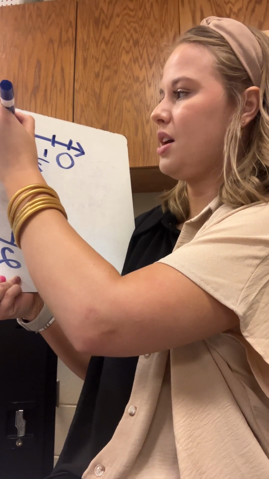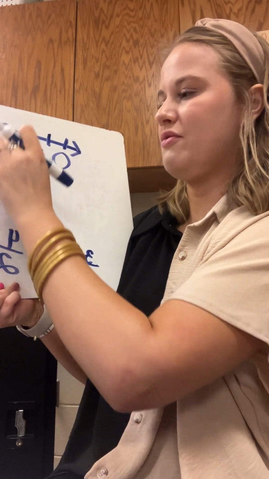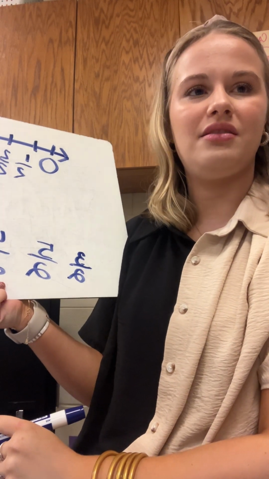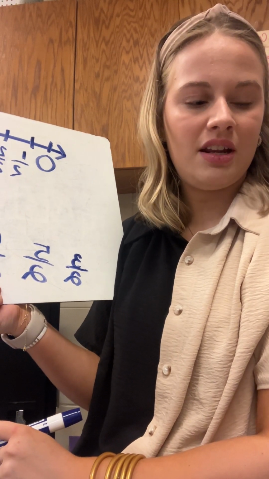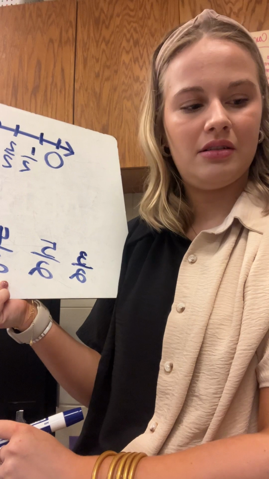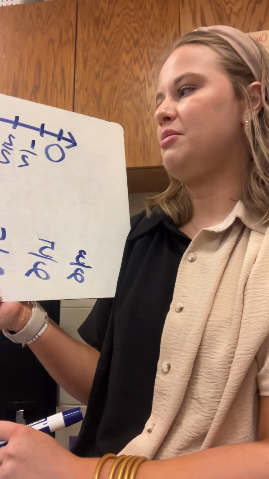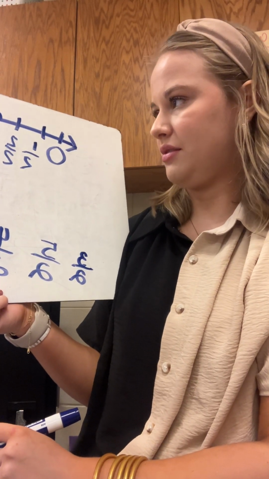So y'all do one. Make a little dot above where 3/2 is on your number line. Like that. Go ahead and put your halves on there, and then put a dot over 3/2.